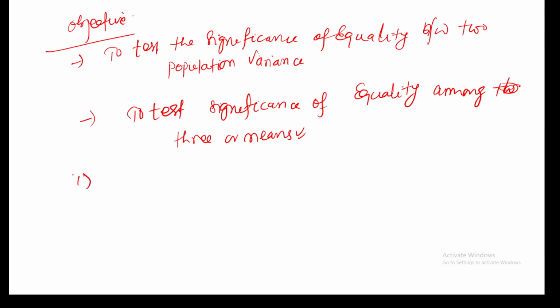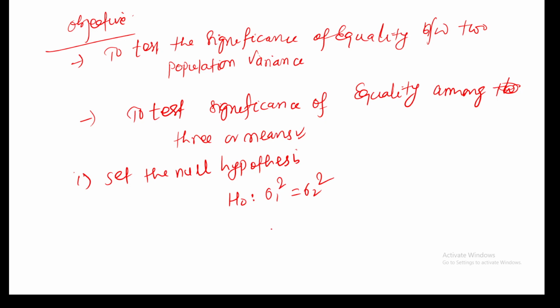So what is the first step? Set the null hypothesis. What is that? We'll assume both the variances are the same. Is it correct? Then we'll set the alternative: it is not the same, so this is the two tail.